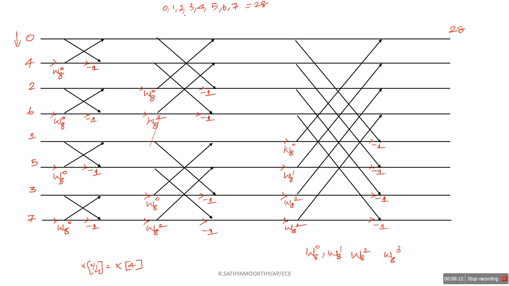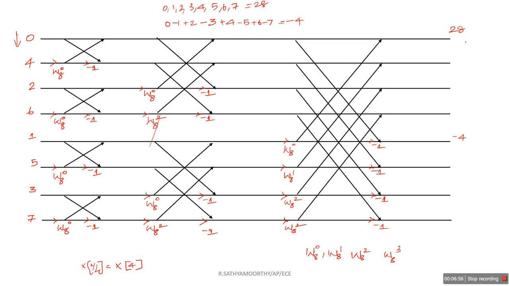You apply the plus and minus signs alternately to the inputs: plus 0 minus 1 plus 2 minus 3 plus 4 minus 5 plus 6 minus 7. You add the alternate signs to the input sequence, and once you perform this, you will get minus 4. So that is the answer for X of N by 2, that is minus 4.